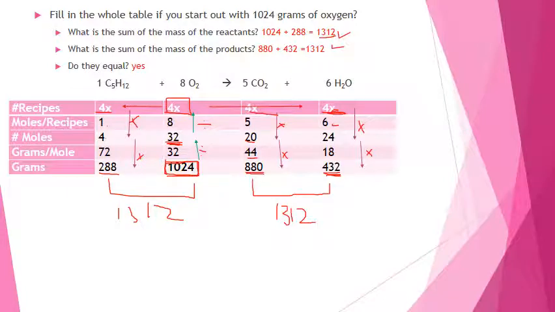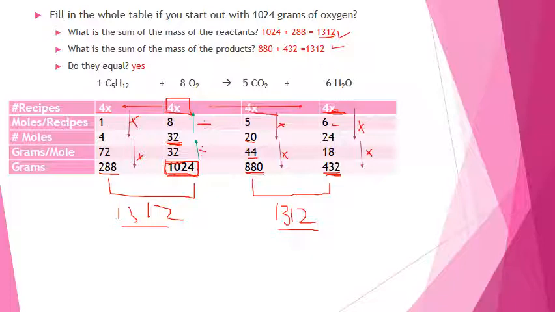Okay. So these types of problems, when you're just given one thing and you need to figure out the rest, you will always have this situation here. This doesn't apply to every single type of this reaction, but it definitely does when you're only given one. In this case, you're given oxygen, and you have to figure out other things.